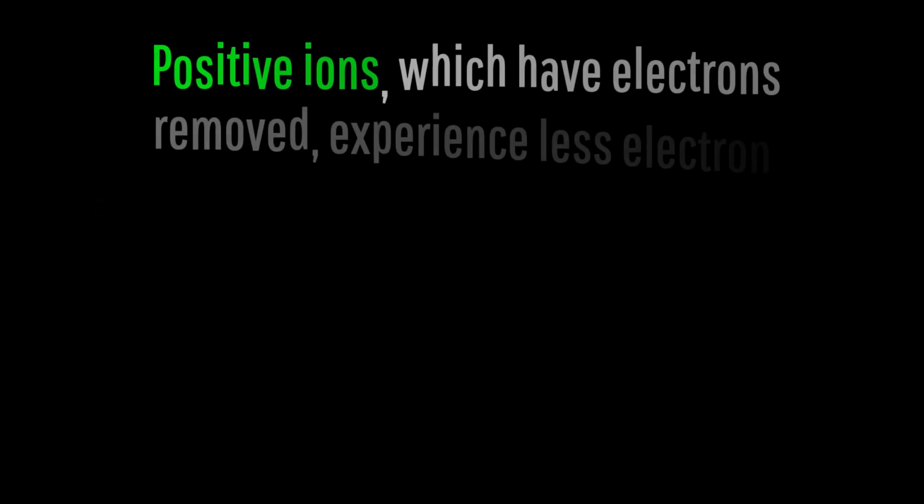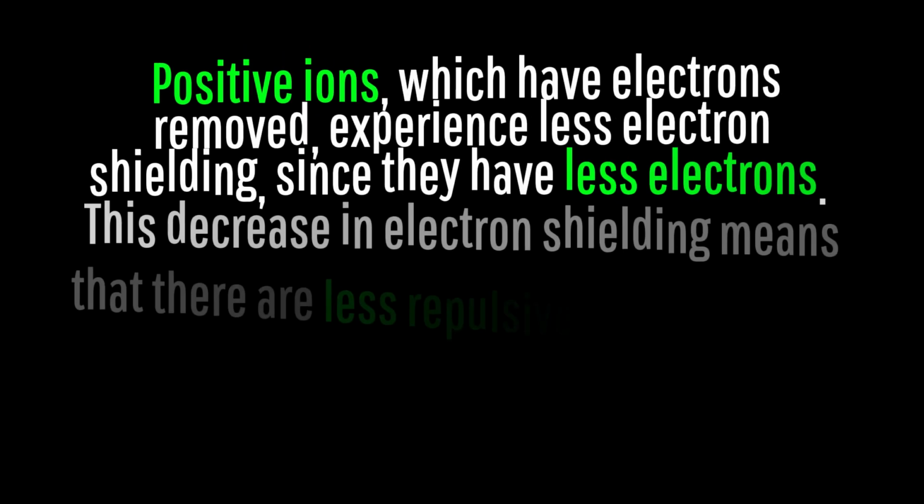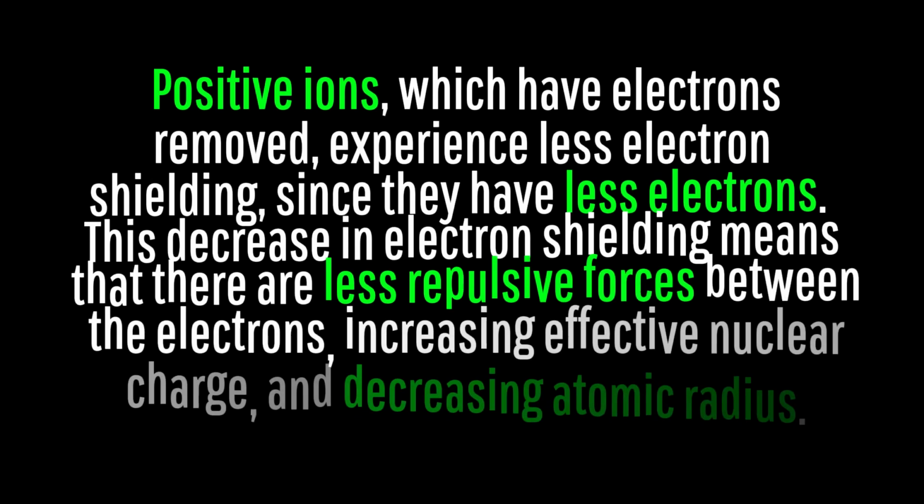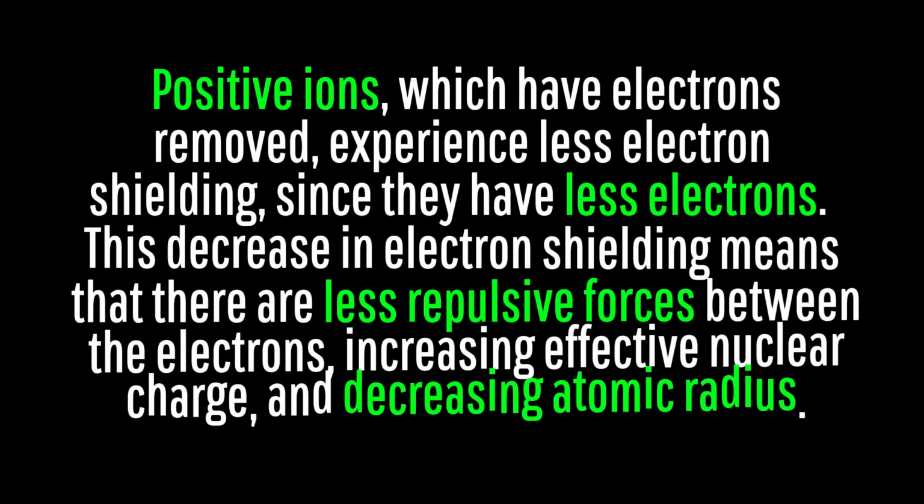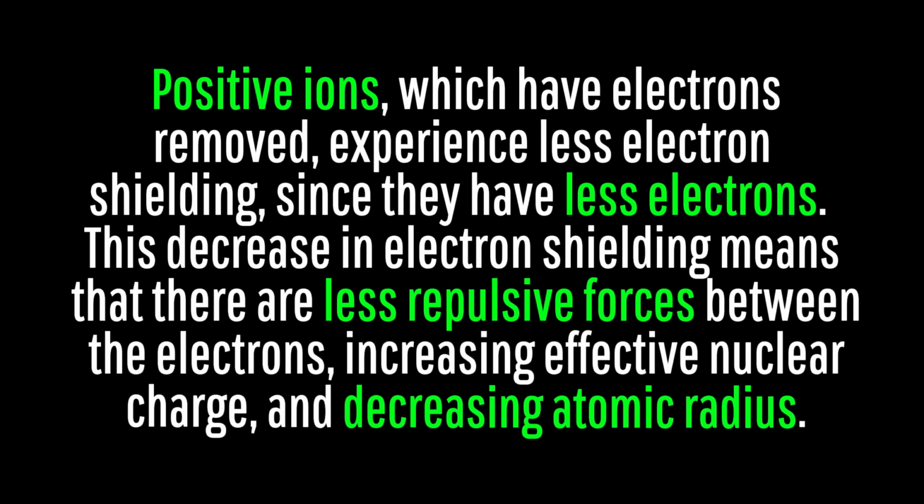Positive ions that have electrons removed experience less electron shielding since they have fewer electrons. This decrease in electron shielding means that there are fewer repulsive forces between the electrons, increasing effective nuclear charge and decreasing atomic radius. In this problem, this explains why the most positive ion, which is calcium 2+, has the smallest radius, because it has the least electron shielding.